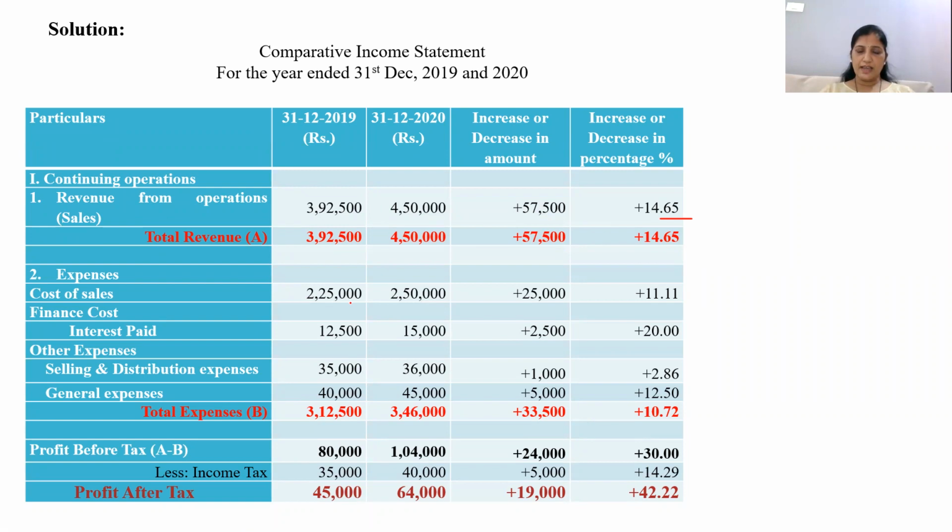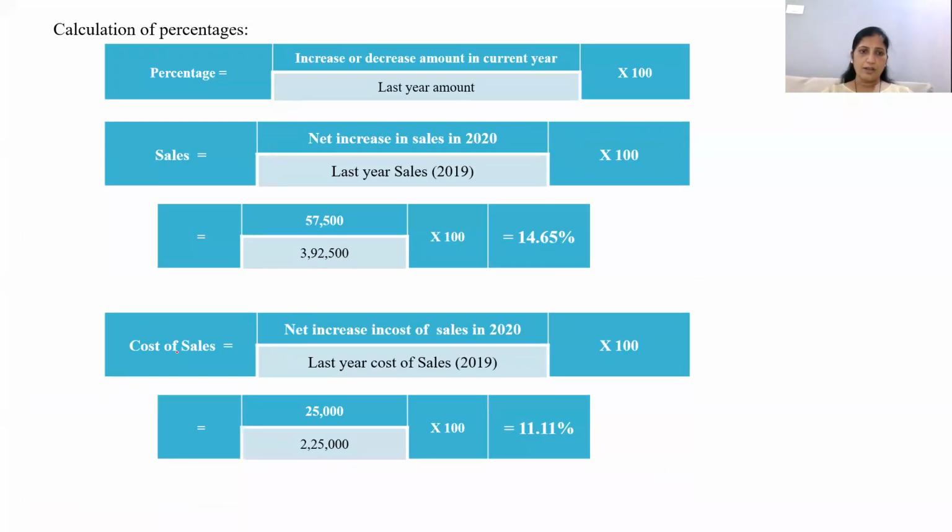You'll get the same thing for total revenue also. Next, cost of sales I'll take. Cost of sales is the net increase in cost of sales in 2020 divided by last year's cost of sales, that is 2019.